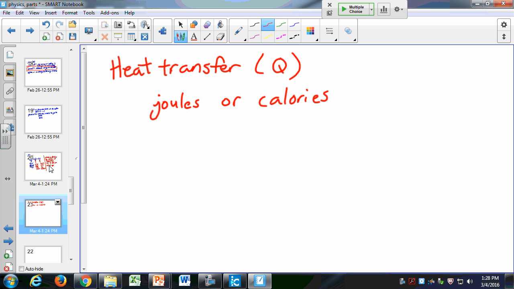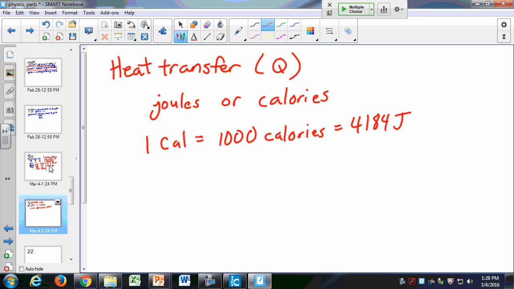And one big calorie, that's a food calorie, is equal to 1,000 calories, which is equal to, what was it, 4184 joules. I don't think you need to know that conversion factor, but just know that it exists. You can have different types of heat transfer. You can have conduction, convection, or radiation.